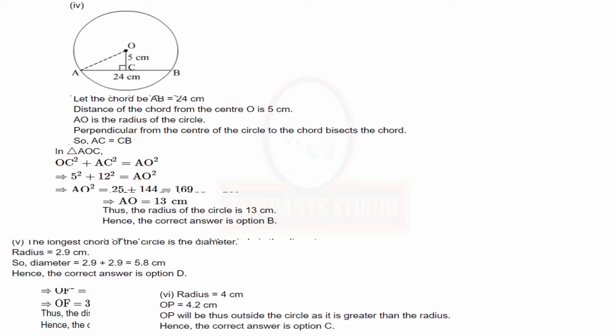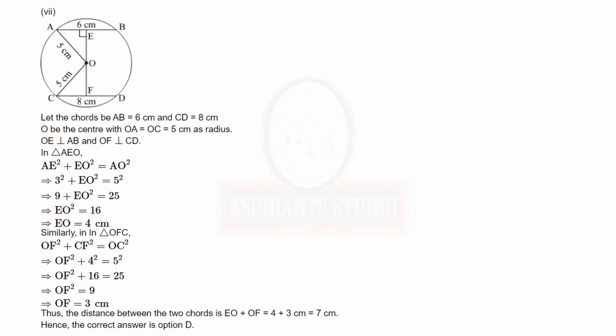See the seventh one. The lengths of parallel chords which are on opposite sides of the center of a circle are 6 cm and 8 cm. If the radius of the circle is 5 cm, then the distance between these chords is dash. Draw the figure.